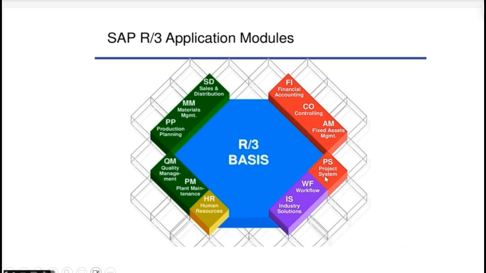All the modules are around this basis component. It means all these modules are tightly integrated. Tightly integrated means if something happens in FI, we can get those details in QM. If something happens in SD, the change will be reflected in all the other respective modules. If there are changes in MM, you can see those changes in different modules also.